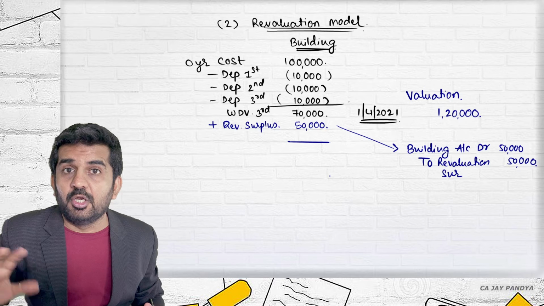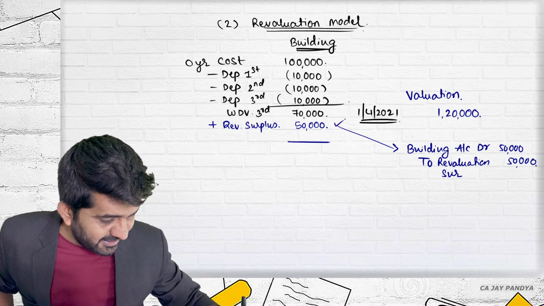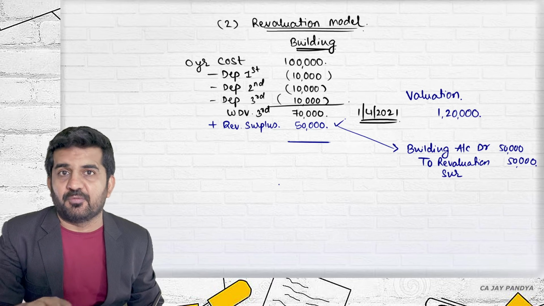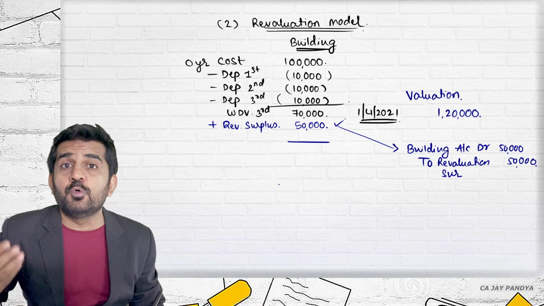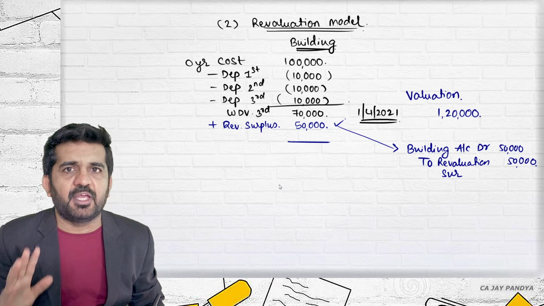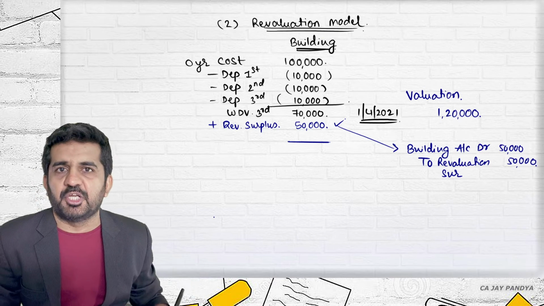We will be learning the rules. Who should increase the value of the asset? By which method should you decide what your current value is? When should the review be done: every year, every 2 months or every 5 months? Everything we are going to learn of the revaluation model.